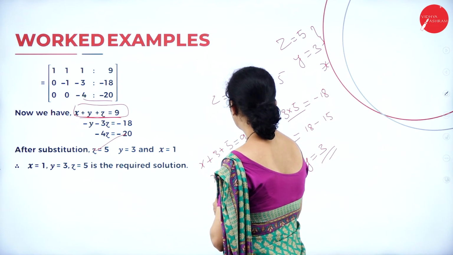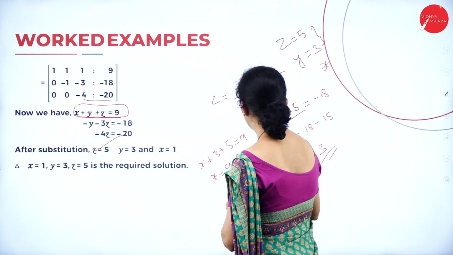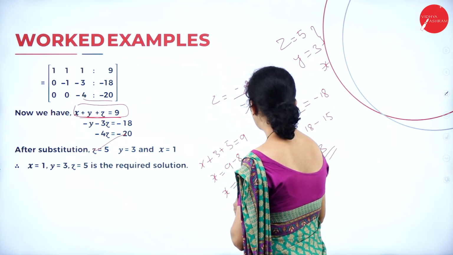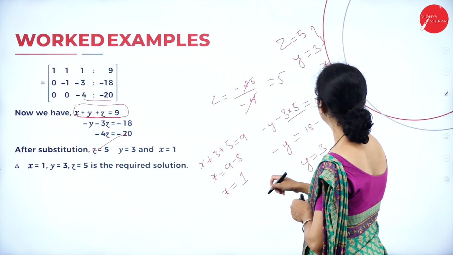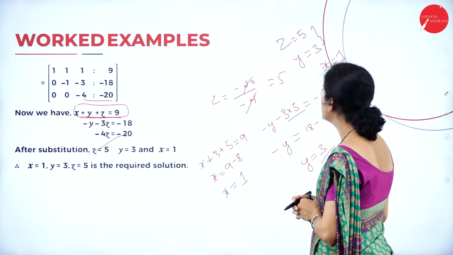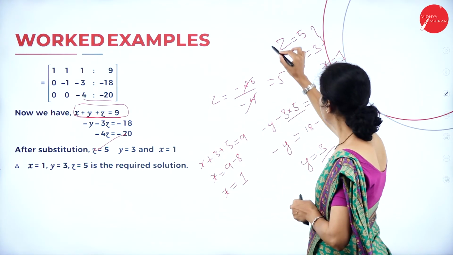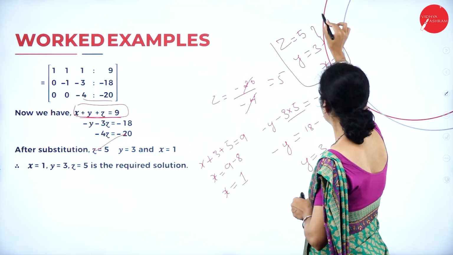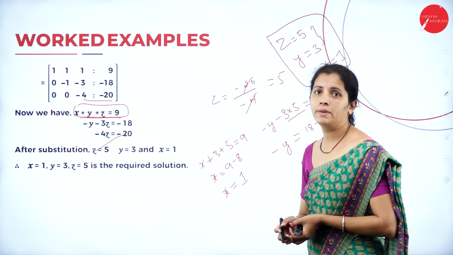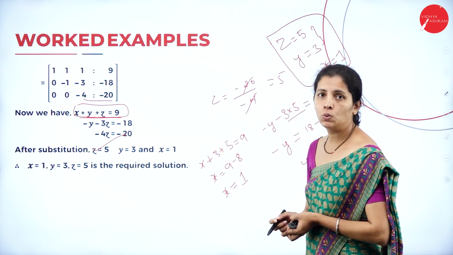So, x equals 9 minus 8. So, x equals 1. So, I got x value is 1, y is 3 and z is 5. This is the way I apply the Gauss elimination method to find the solution for 3 unknowns.